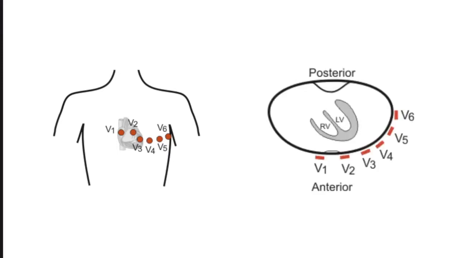And just so you have a reference to where they are on the heart, V1 is really great at measuring activity on the right ventricle, and it can confer some information on the left ventricle because it has a directionality component to it. As it's activating along the RV, it's going towards the V1 direction, versus if the LV is activating, it's going to be more perpendicular or away from the V1 direction.